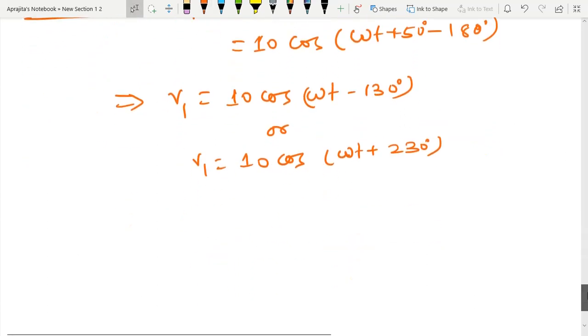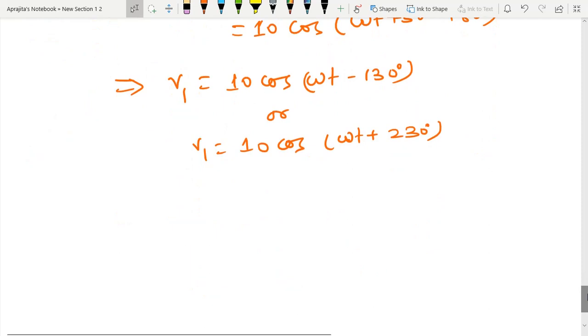Here the amplitude is positive. Now we have to perform simplification on signal V2.